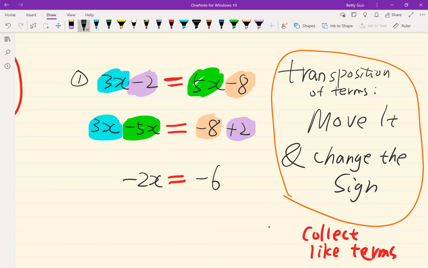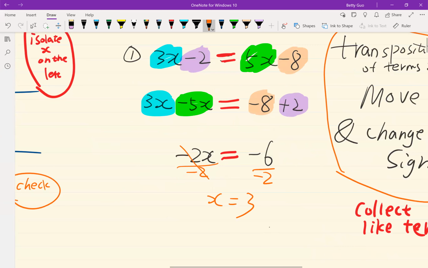Next step is to isolate the x, right? How do we isolate the x? How do we get rid of the coefficient -2? Divide. We have x equals 3. Okay? Two methods. I showed you two methods. The second method is called the transposition of terms. Very useful and convenient. Every time I try very hard to sell it.